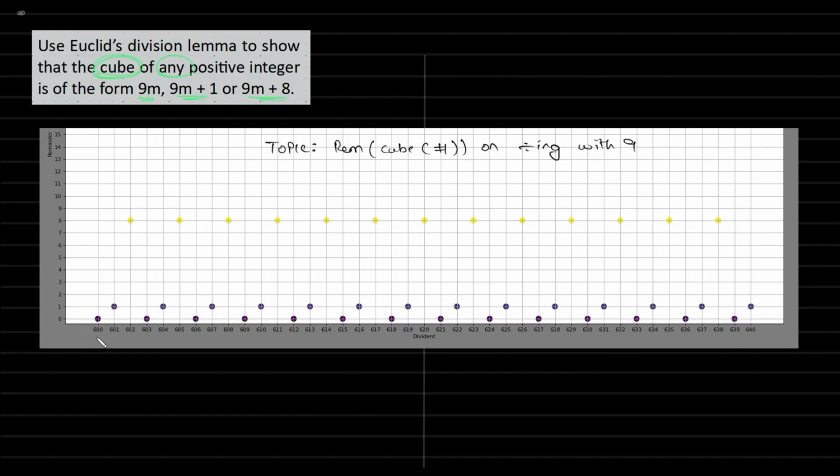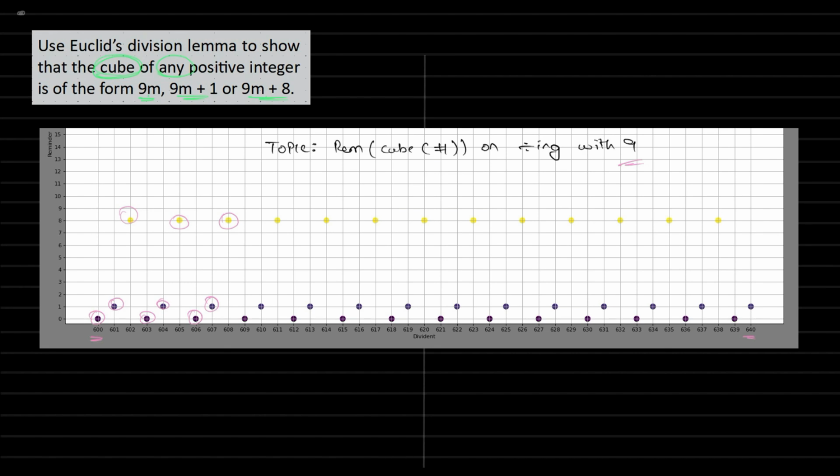So we are looking at 600 to 640, and we can clearly see the pattern is 0, 1 and 8, 0, 1 and 8, but they are in a group of 3. So we can handle this question in a smarter way, right? When we are doing it mathematically, we will see.